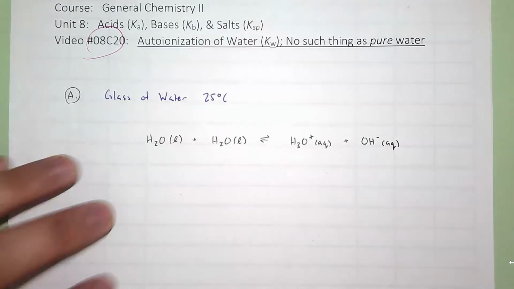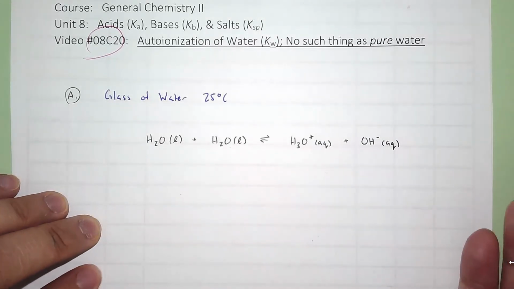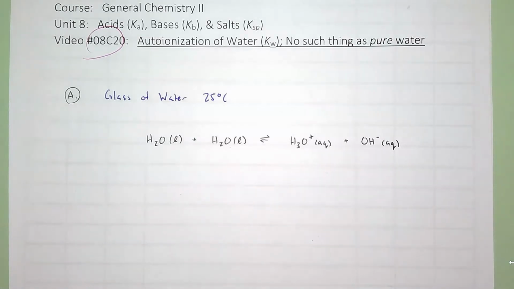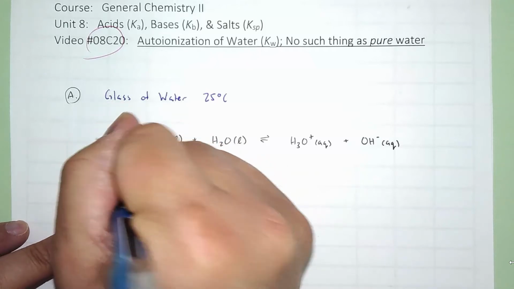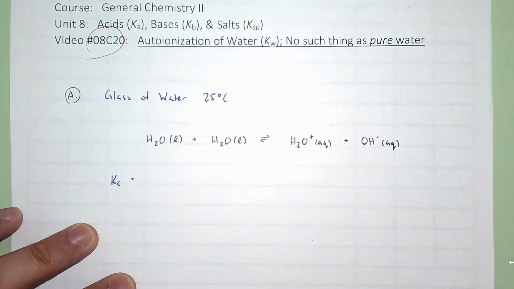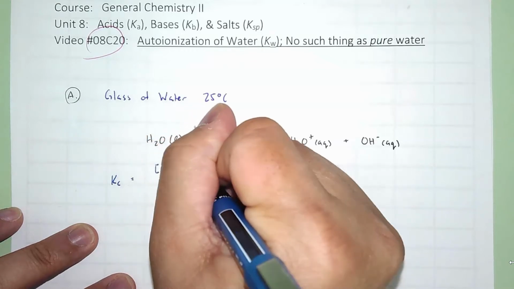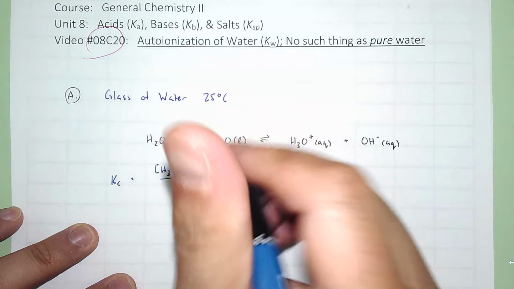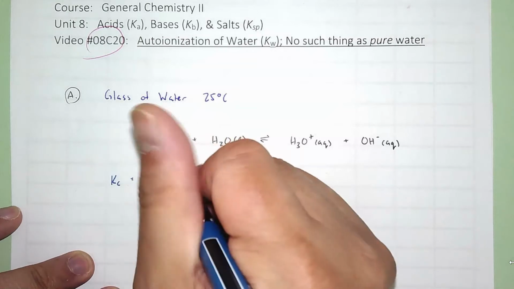Well, the thing is, this is a reaction, and for this unit and for the previous unit, we've been learning how to figure out equilibrium constants. We should be able to write an equilibrium expression, Kc, for this reaction. So Kc equals the concentration of H3O+ times the concentration of OH-, over, oh, my reactants are both liquids, so they do not belong in the equilibrium expression.